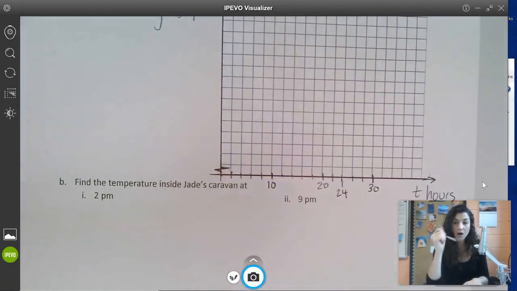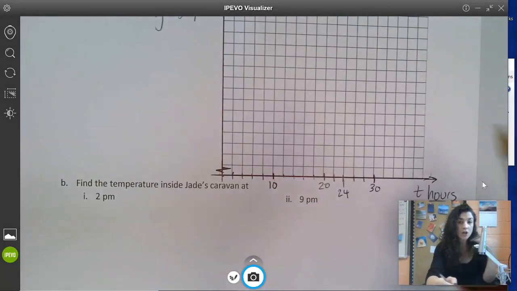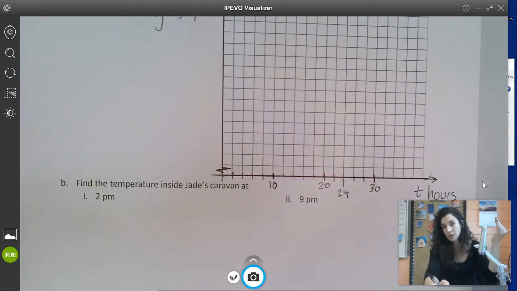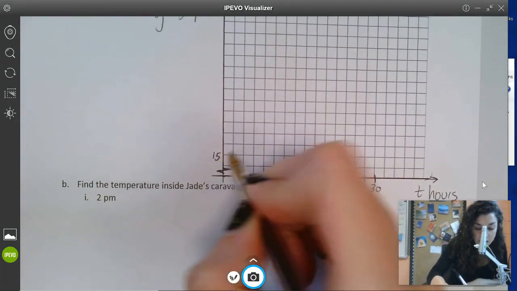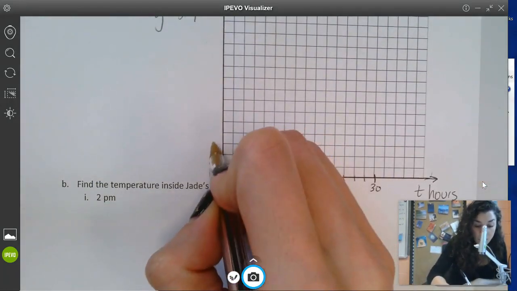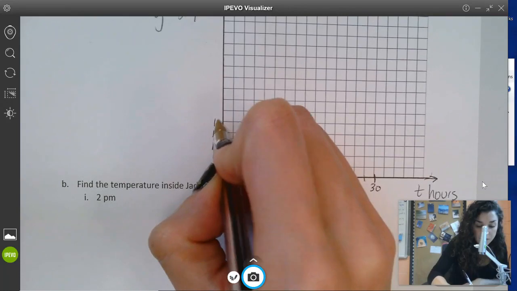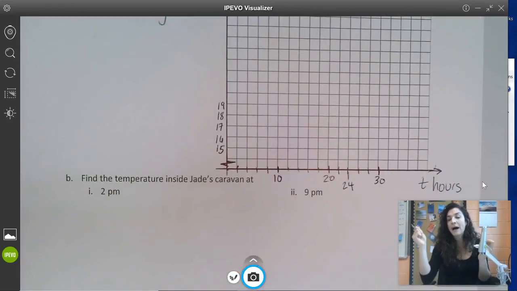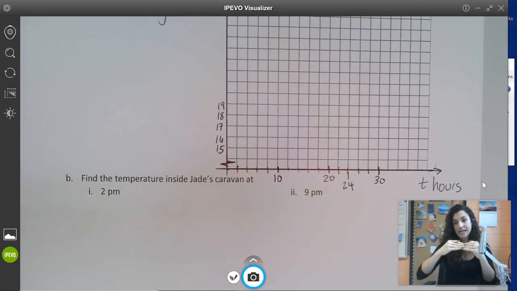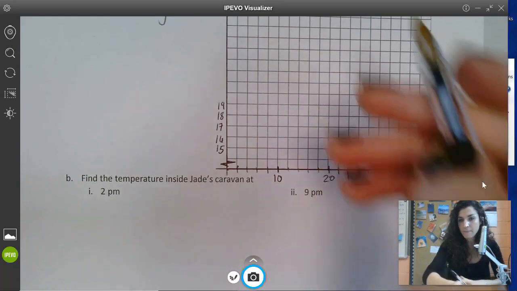But if I do a little heartbeat there, I can start wherever and then establish the scale. So let's say I wanted to start at 15 here, but then I wanted to go up by ones. This little heart rate allows me to do that, to say I've ripped out a part of that axis and then retaped it together starting at 15 because I don't care about anything else below that.